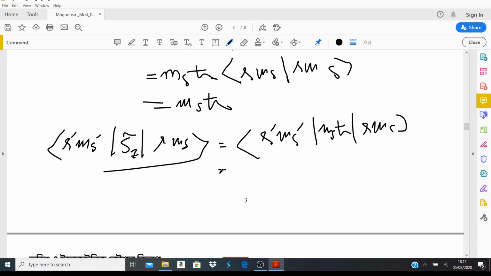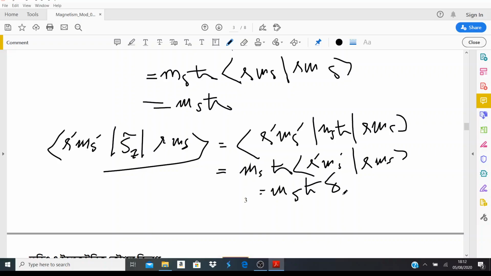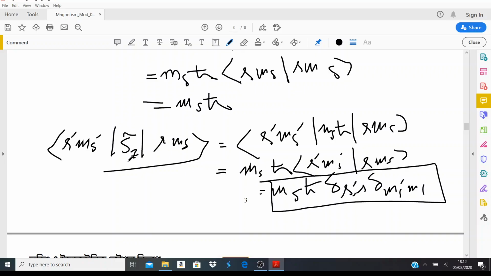That's just a number, you can bring it out, and what's left is the inner product between two different states. To get a non-zero value, s prime has to be equal to s and ms prime has to be equal to ms. You enforce that condition with Kronecker deltas: delta s prime s and delta ms prime ms. That's the matrix element of this operator.